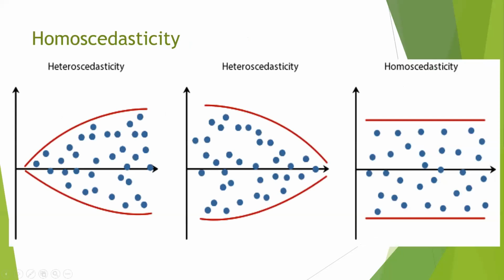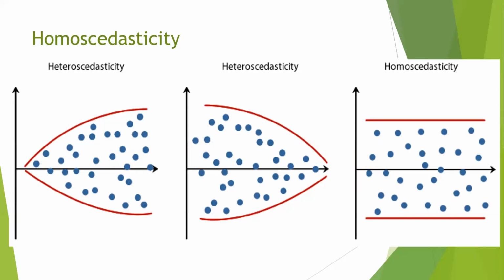Then the next assumption is homoscedasticity. So again, first thing is, every time you are looking at the scatter plot to find out this assumption. As you can see, the first two scatter plots show heteroscedasticity. What is heteroscedasticity? It is showing you the variation related to the residual which we are getting.